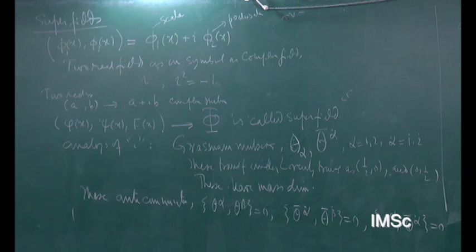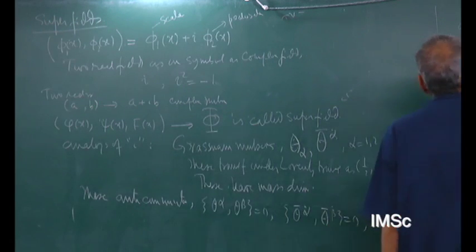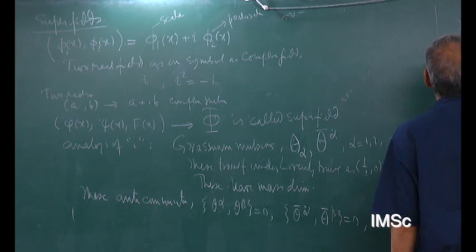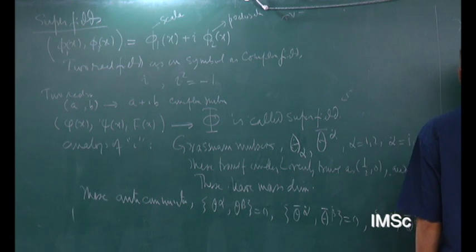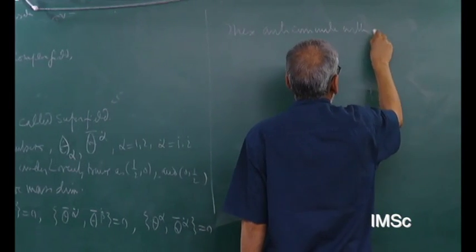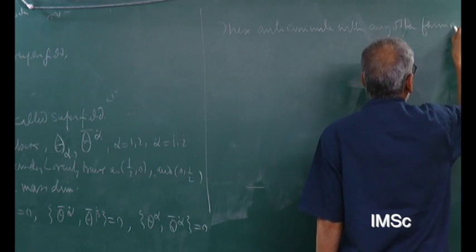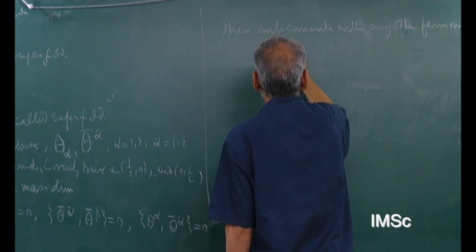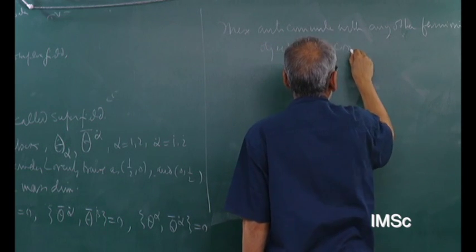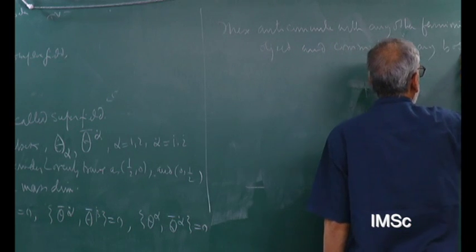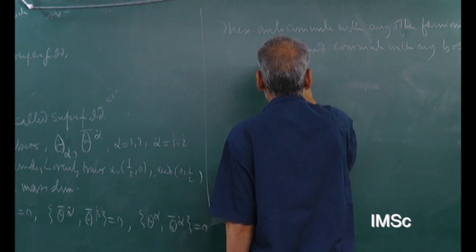Not only that, because they are spin half objects, these must anti-commute with any other fermionic object, and commute with any bosonic object.